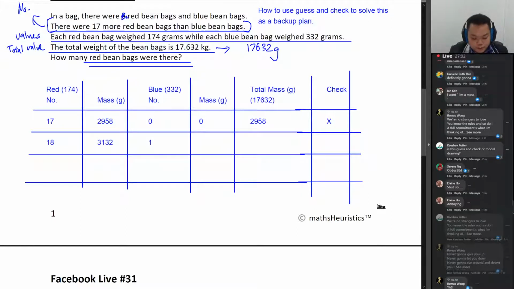When you have one blue bean bag, this makes things easy. You are going to have 332 grams worth. So the total mass here would be 3,132 plus 332. So that will give you 3,464 grams of mass.